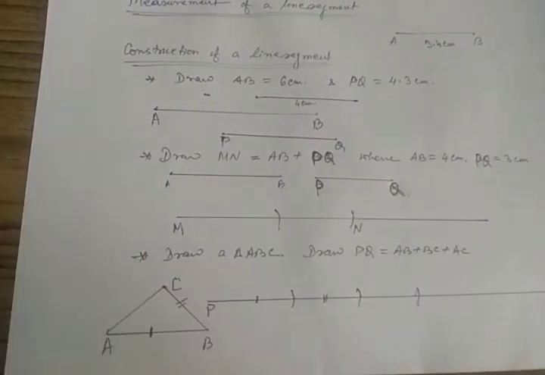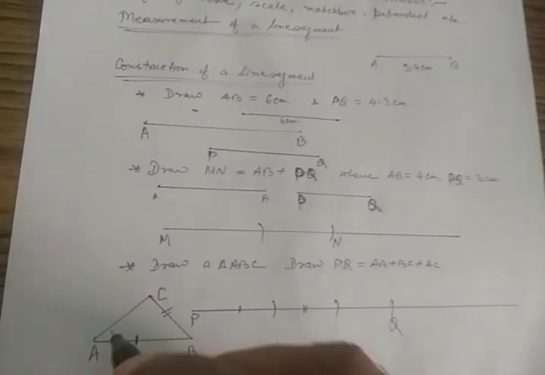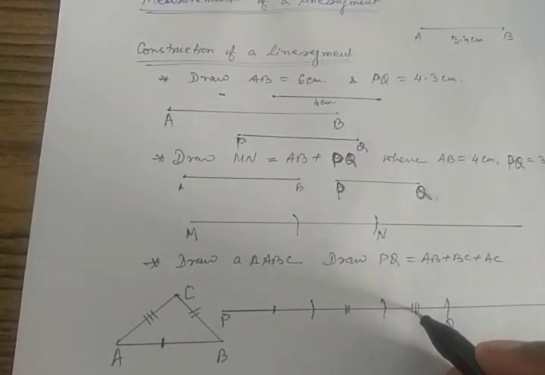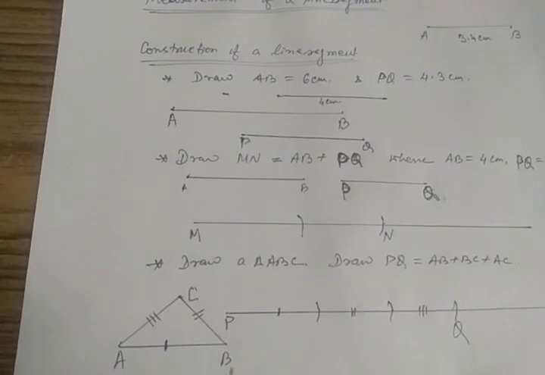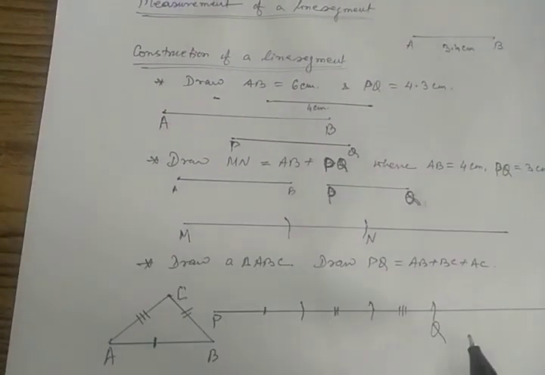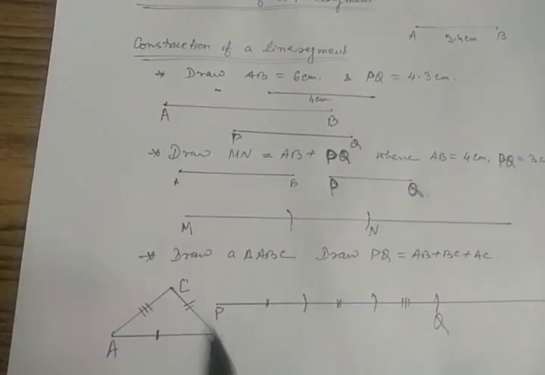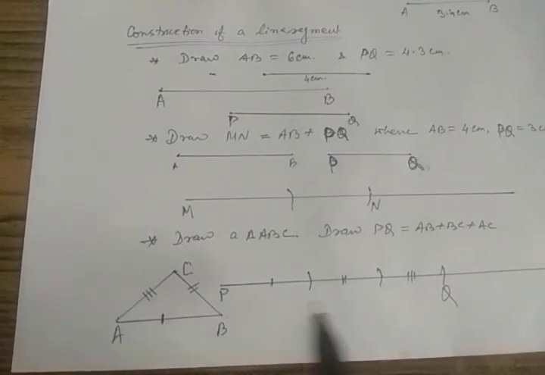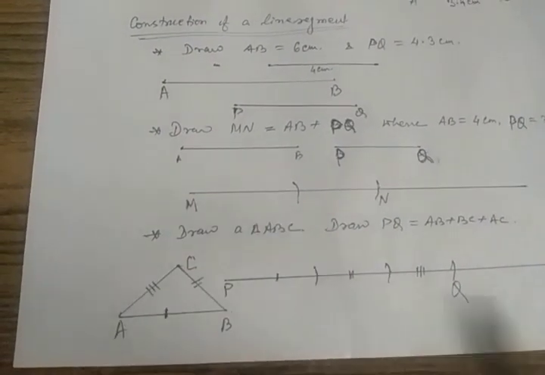And now put here Q. I mean these sides are denoted by 3 lines, equal to these here by 3 lines. Follow. So that this PQ represents the sum of the sides AB, BC and AC. Is it clear? I think you can practice this one.